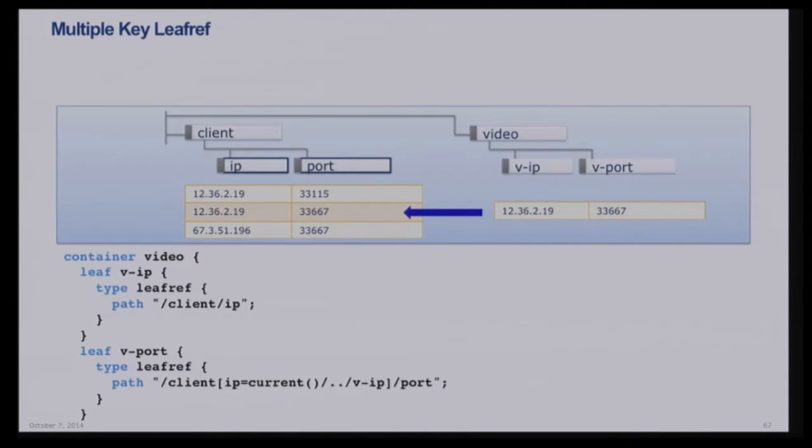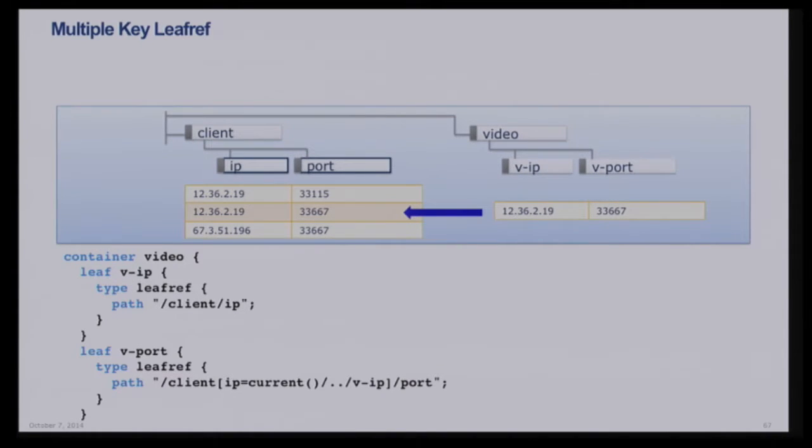To make it more interesting, at times you have to reference combinations of things. For example, in this construct, we have a container called video that wants to reference both an IP and a port pair. It starts to get interesting in the second path here.